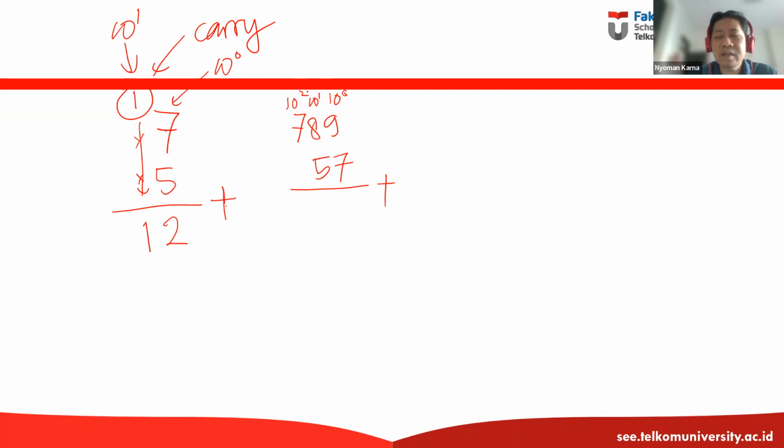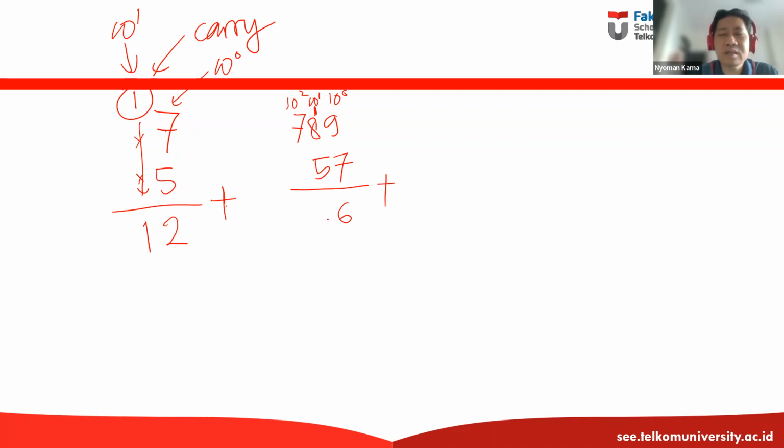9 and 7 have the least significant value, because it's, well, in Bahasa we call it satuan. Now 9 plus 7 is 16, and we're going to put 6 here, and then 1 here. Why?